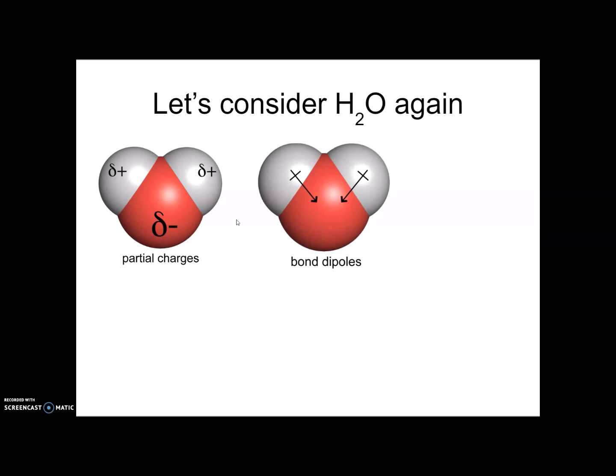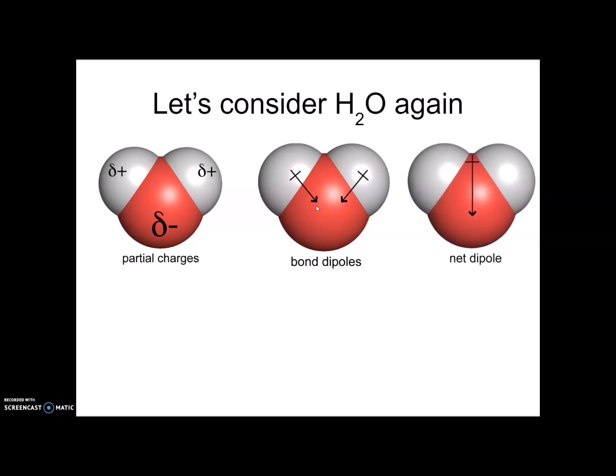As a result, the two covalent bonds in water, if we were to draw arrows over it, would point towards the oxygen atom. So two bond dipoles with the plus sign on the hydrogens and the arrow pointing towards the oxygen. Now, when considering the entire molecule, we have to consider how those bond dipoles would add together.